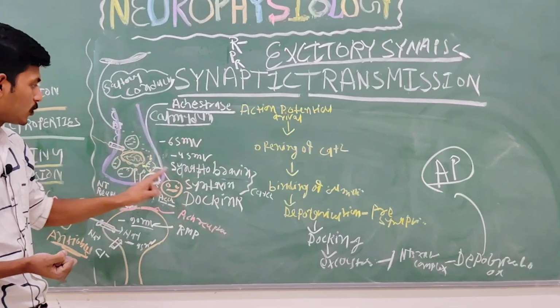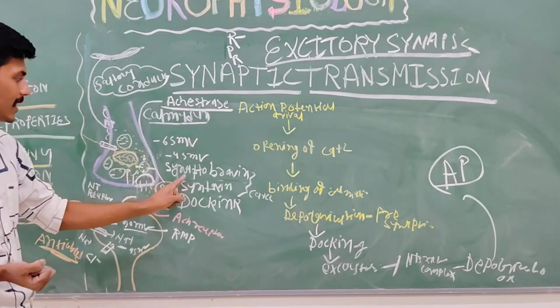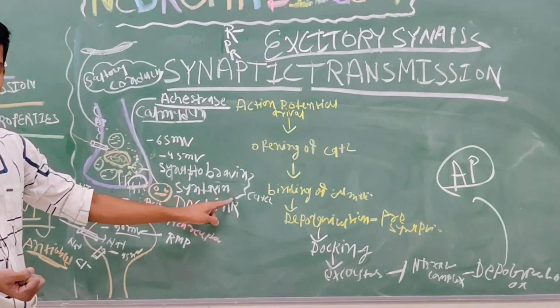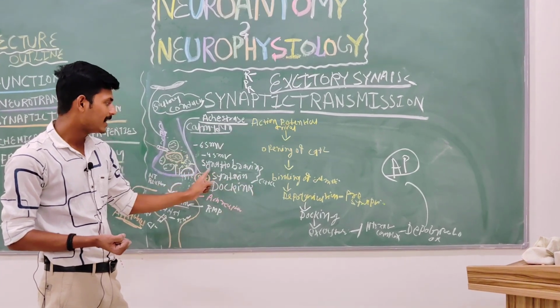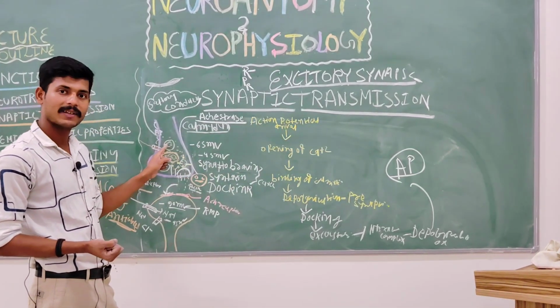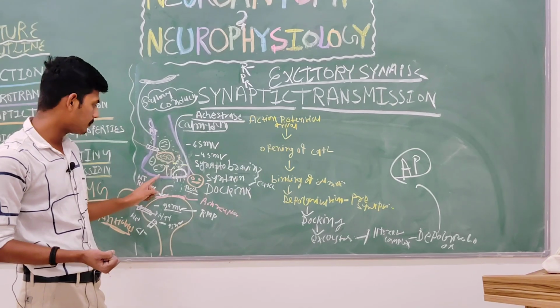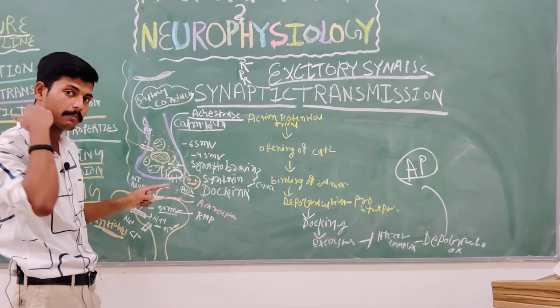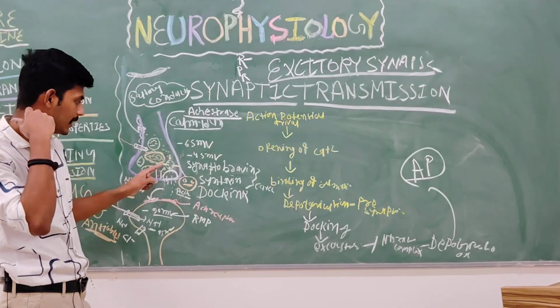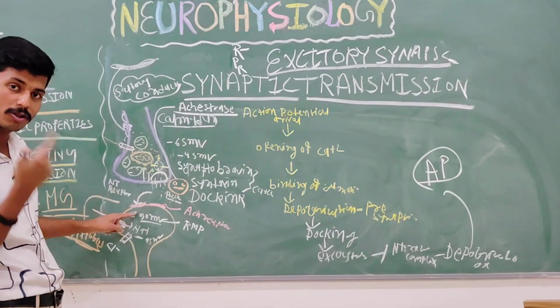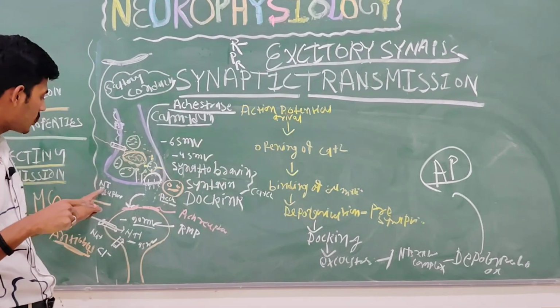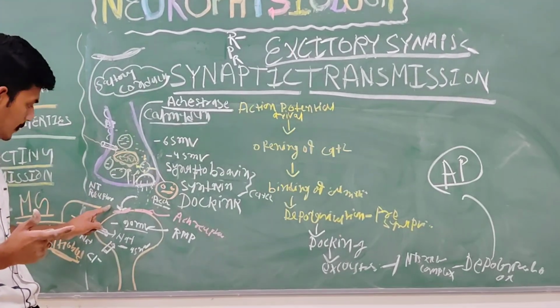By this calcium, two proteins, synaptobrevin and synaptotaxin, are stimulated. Synaptobrevin will bind with the synaptic vesicles. Synaptotaxin is present in the presynaptic membrane where the calcium is bound. Then there will be docking and exocytosis of the neurotransmitter, which binds with the postsynaptic receptor, forming the neurotransmitter-receptor complex.